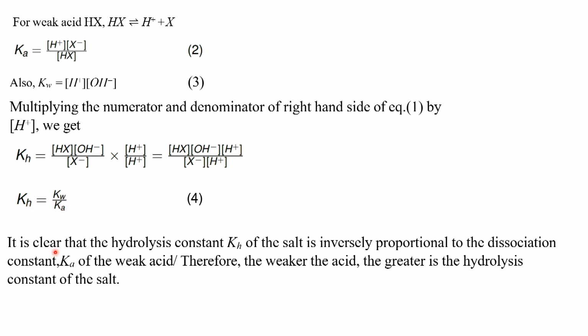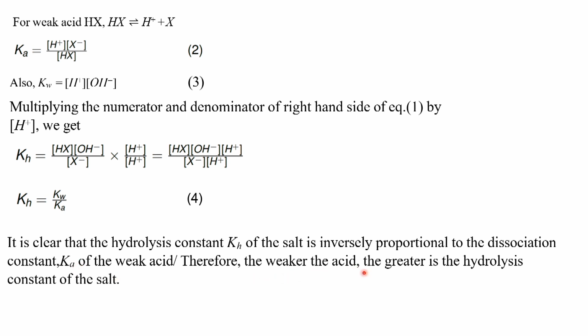It is clear that the hydrolysis constant Kh of the salt is inversely proportional to the dissociation constant Ka of the weak acid. Therefore, the weaker the acid, the greater is the hydrolysis constant of the salt, because we know for a weak acid the Ka value is small.